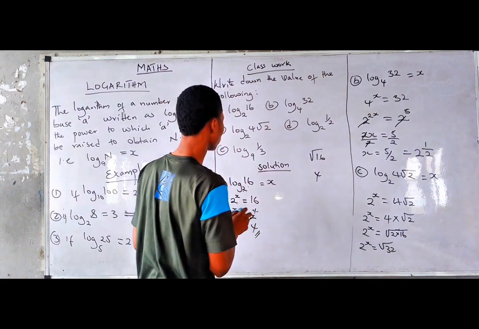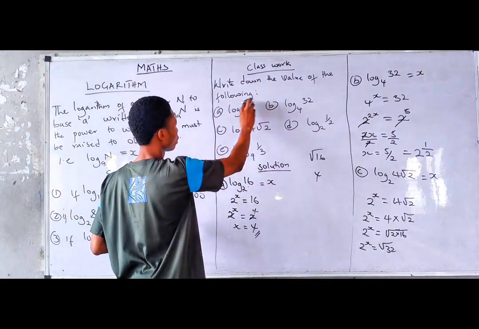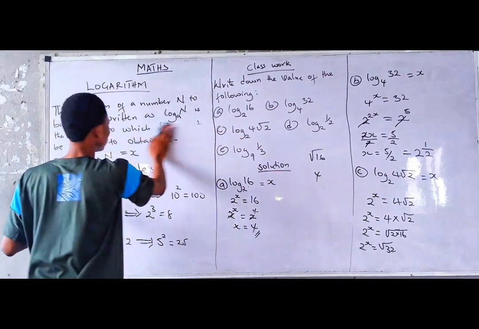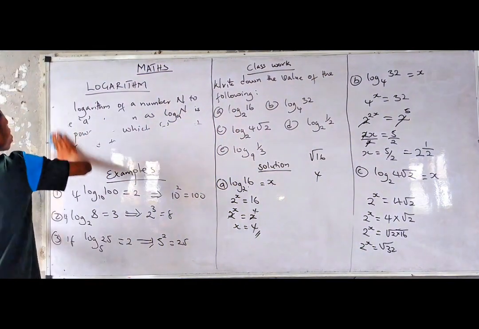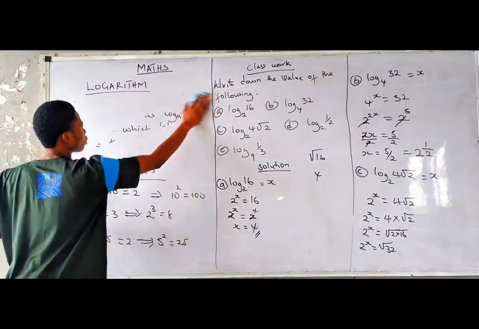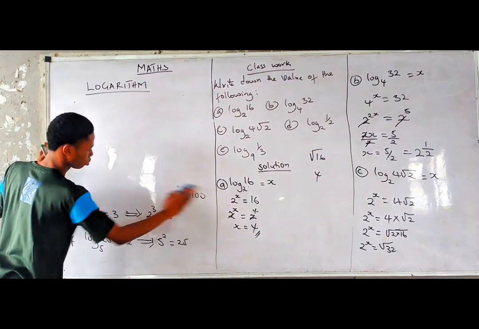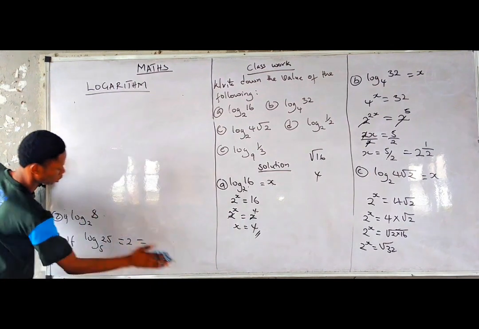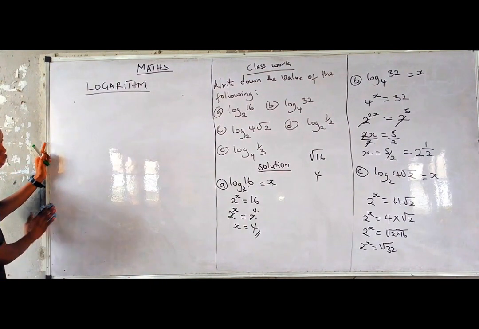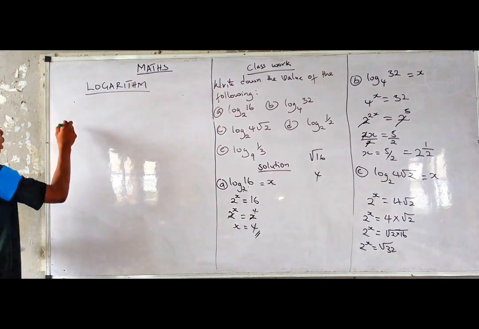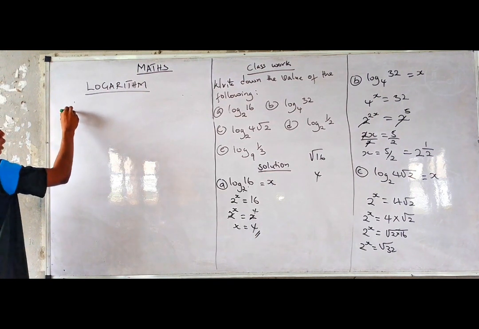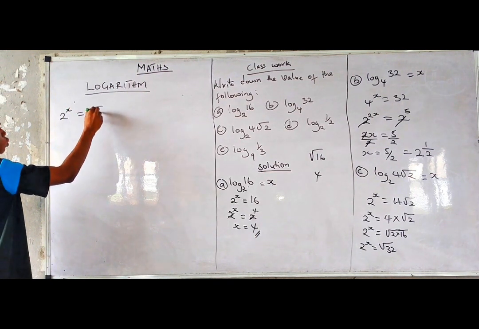Can I clean here? So we use here. In mathematics, don't cram. Understand. You'll see another approach you can use there. So what we have from there is 2 raised to power x equal to root 32.